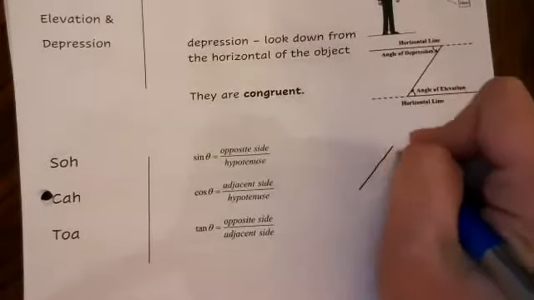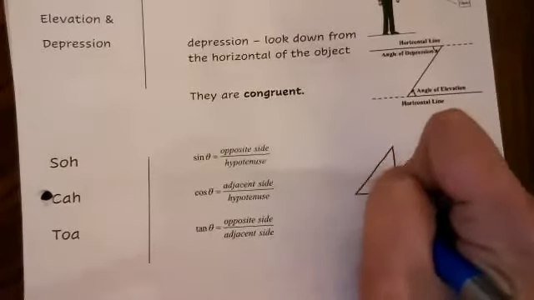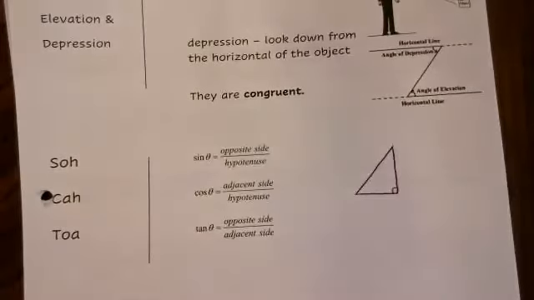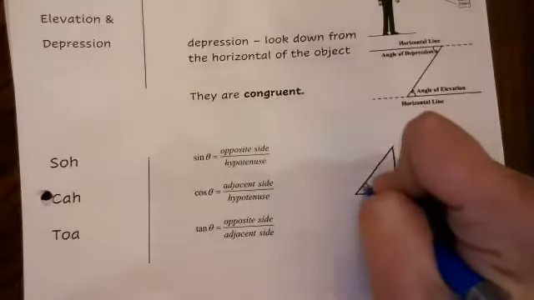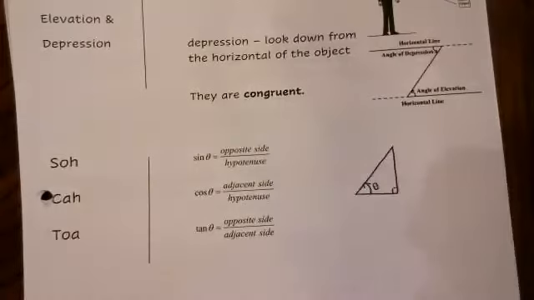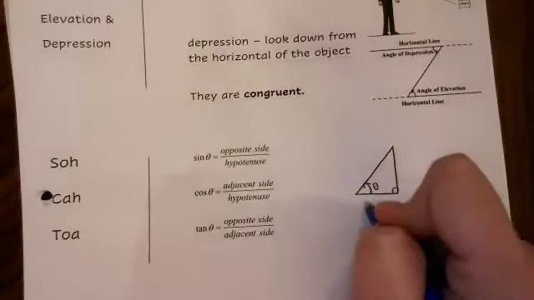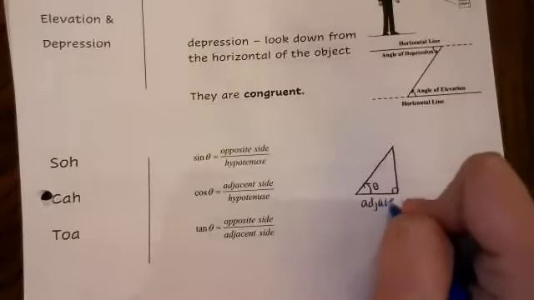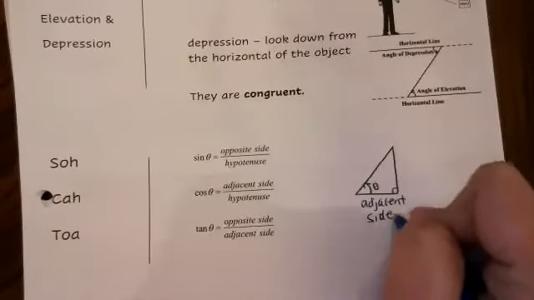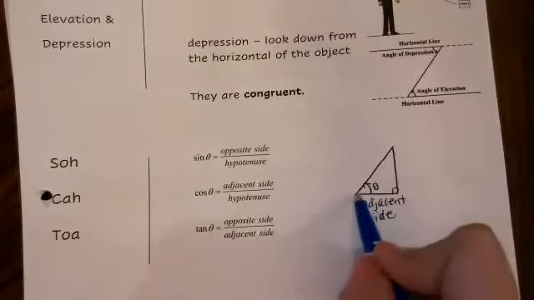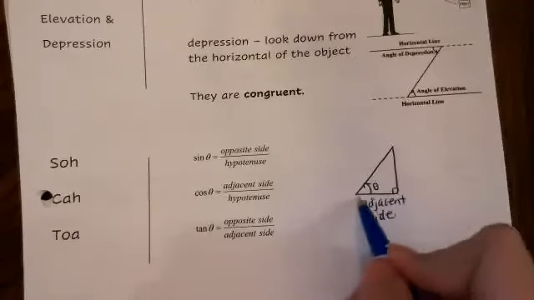Just as a quick reminder, so you know what that means, we'll go ahead and draw a triangle here so you know what it looks like. And we'll use this as our angle of theta. The adjacent side would be this side right here, because it's attached to this angle. So that's our adjacent.